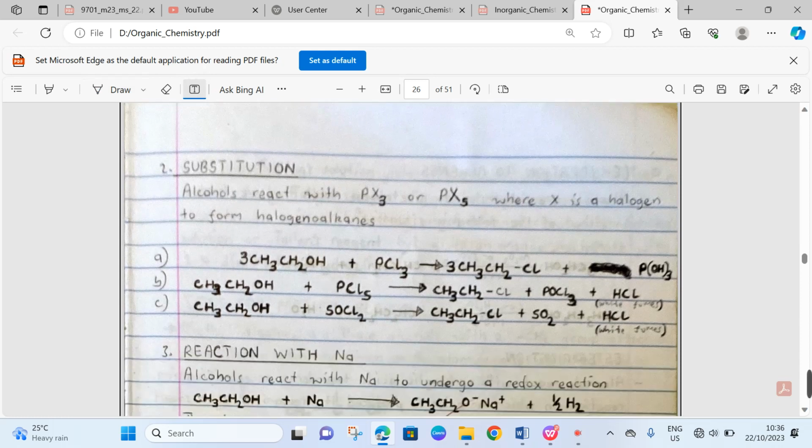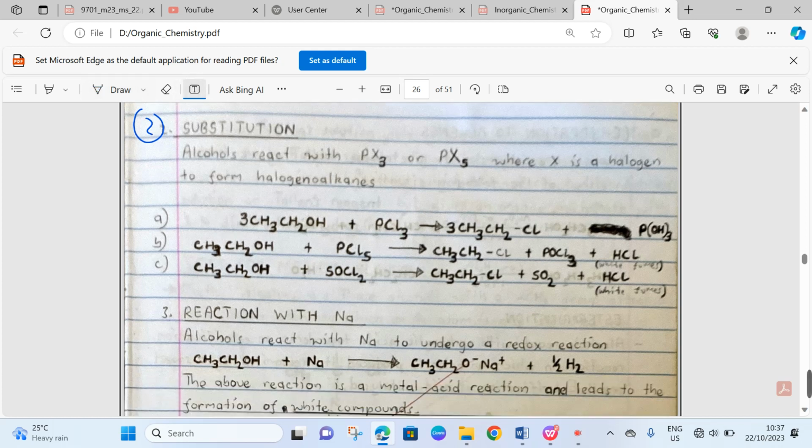The next type of reaction that alcohols undergo are substitution reactions. Alcohols react with PX3 and PX5, where X here can be chlorine, bromine, or iodine, in a substitution reaction.